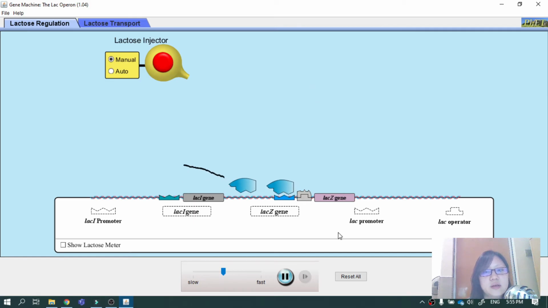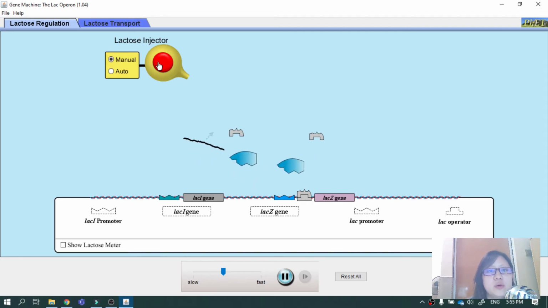Even the repressors do that. So you can see the repressor moving away here, and that is normal in the body. It's not always binding tightly. It can bind and detach randomly.